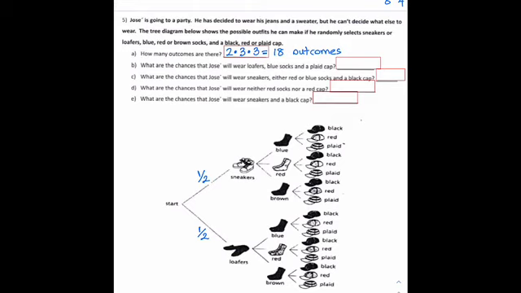Let's continue here. For the sneakers, we have 3 options of socks, right? So then we have 1 out of 3 for each color. Same thing I'm going to do here. The probability of getting blue socks is 1 out of 3. Red is 1 out of 3.